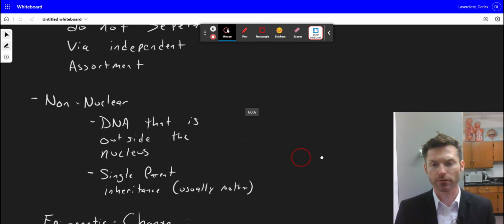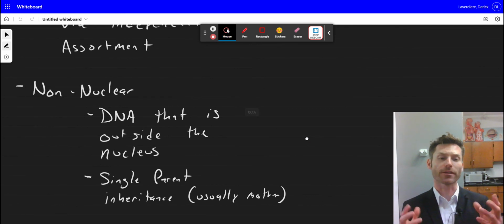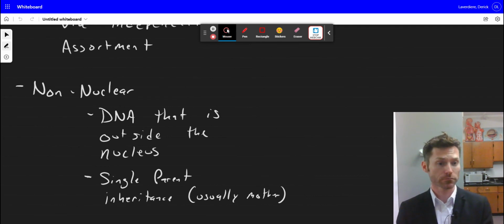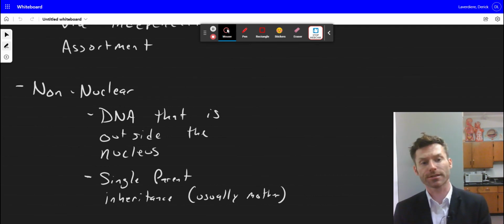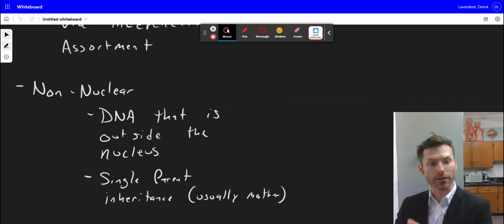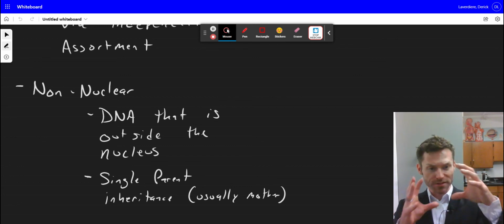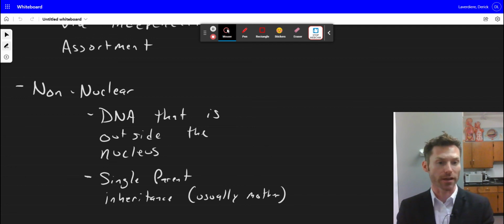Non-nuclear is kind of cute. That's when the gene that we're looking at is on a piece of DNA that's not found within the nucleus. The easiest example of this is mitochondrial DNA. All of our mitochondrial DNA is inherited maternally. So I have exactly the same mitochondrial DNA as my mother, and she has it from her mother, and her mother, and her mother, because that mitochondria is passed from the cytoplasm of the egg into the zygote.